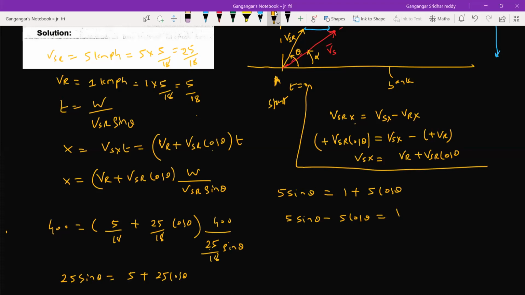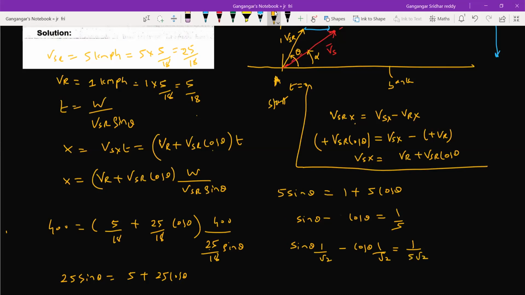So what to do now? I think you can simplify by dividing and multiplying by 1 by root 2. This will be sin theta, 5 by root 2. Now divide and multiply by 1 by root 2, cos theta. Okay, fine.